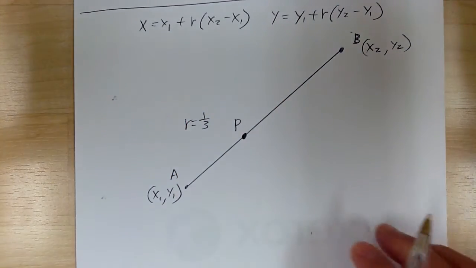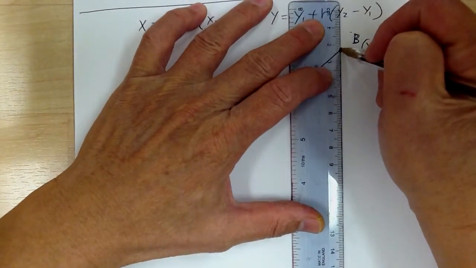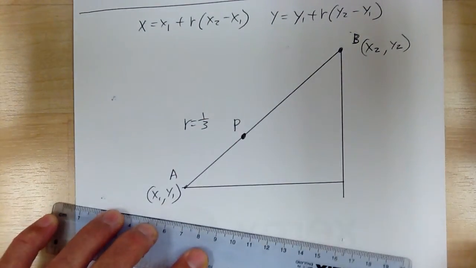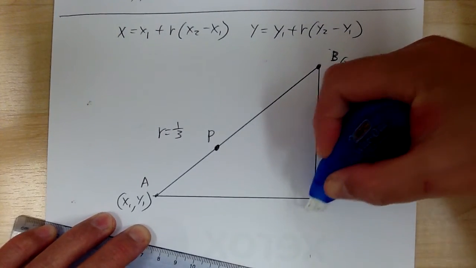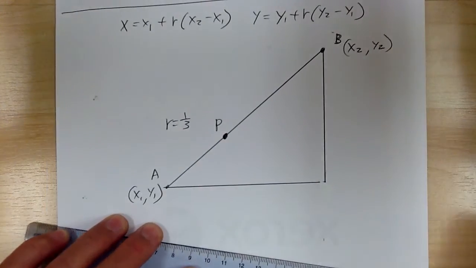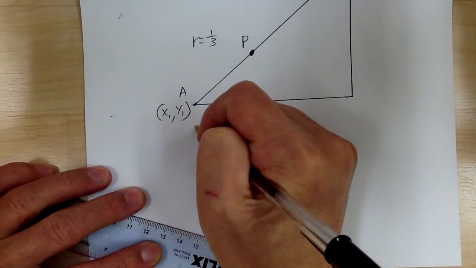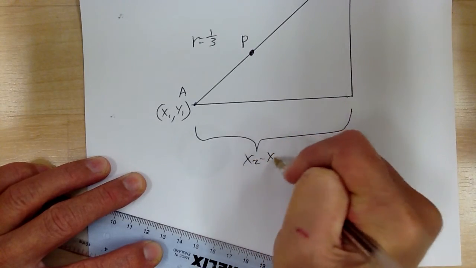So what this means is that x2 minus x1, if you were to draw this picture over here, this whole thing right over here, that's your x2 minus x1.